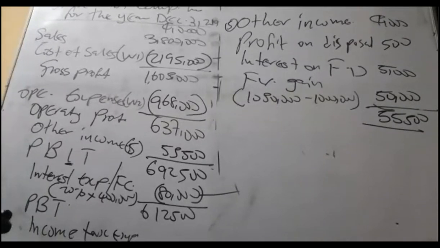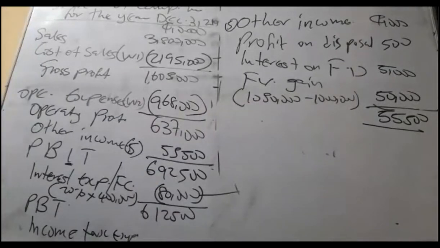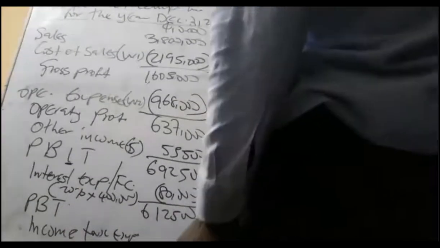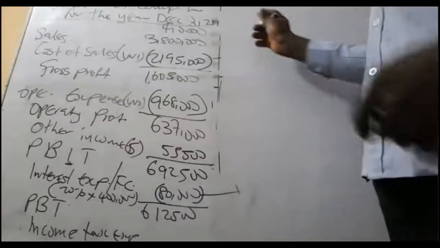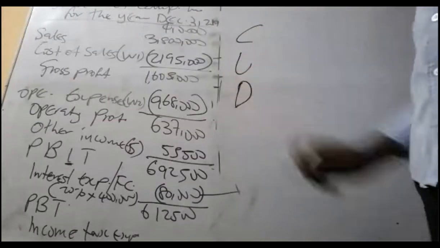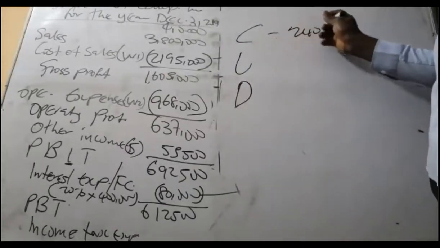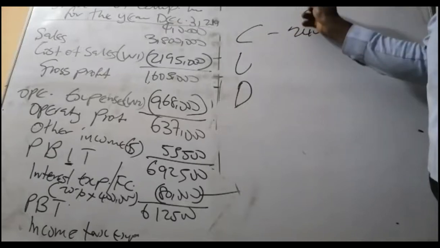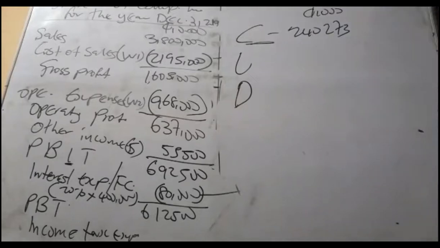For the income tax expense, we said we should go and calculate, and we did that where we were explaining the issues one after the other. So we can just pick them here and look at them again. The current year we had 240,273. That's the current year tax provision. Kindly write in full: current year tax provision.